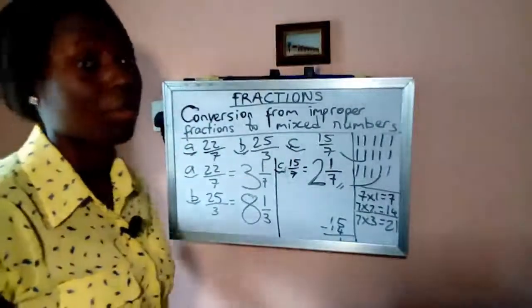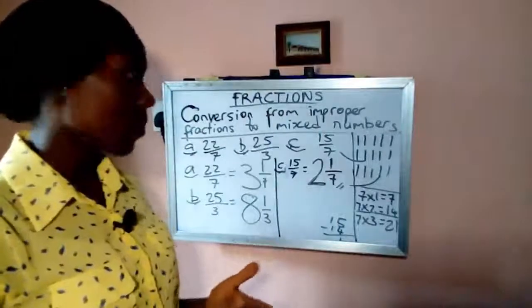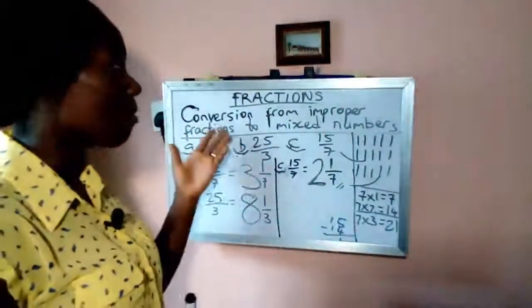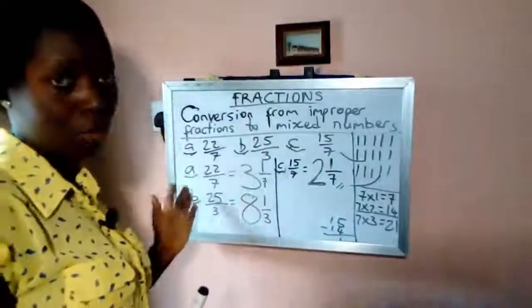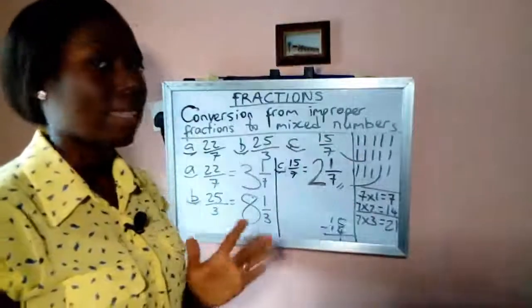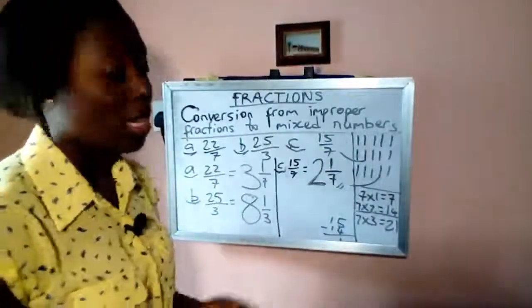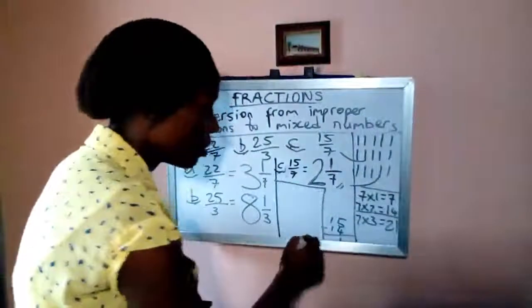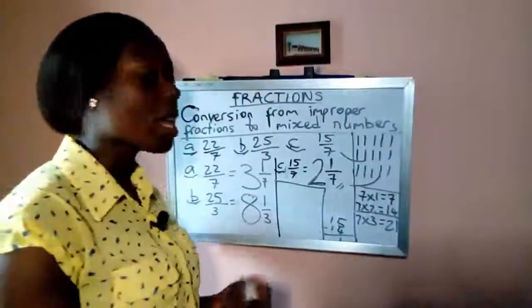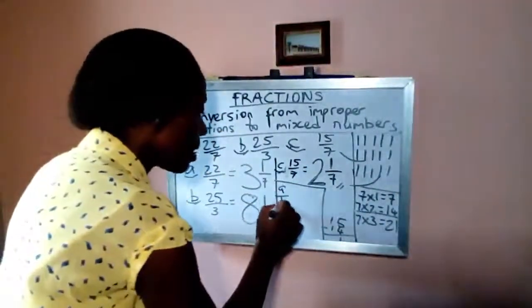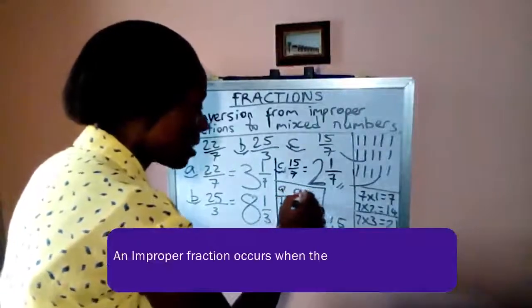Alright, so I've seen 3 examples. I'll go over it again. From what we're doing here, we're converting from improper fractions to mixed numbers. And remember, I told you that improper fractions are simply fractions where we have our a over b, where a is greater than b.